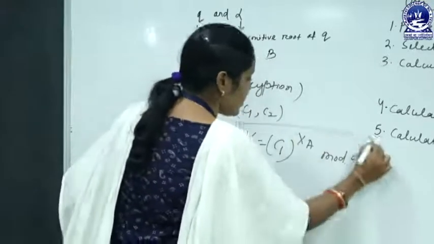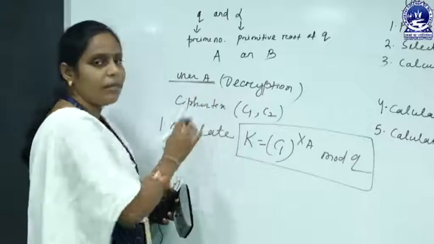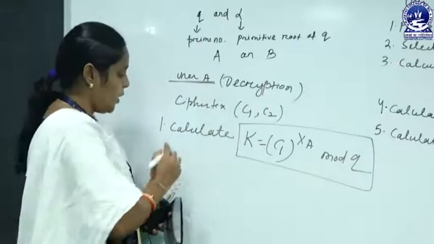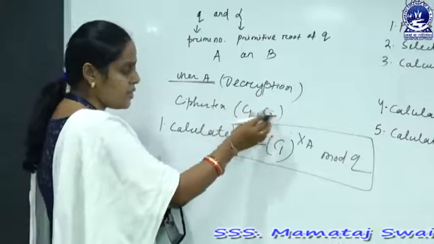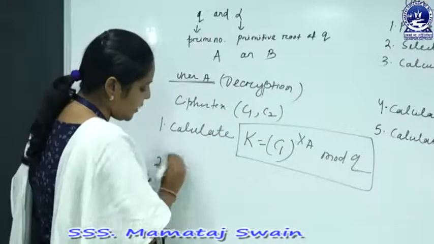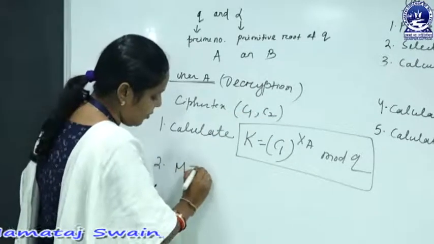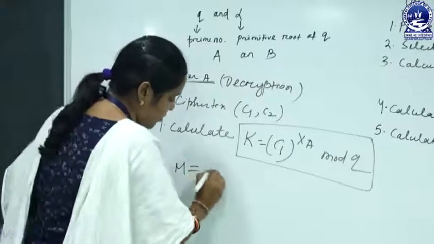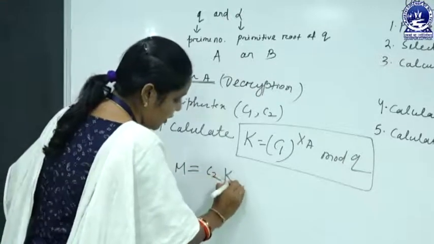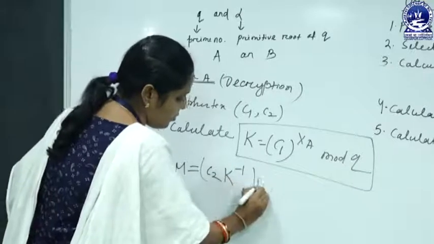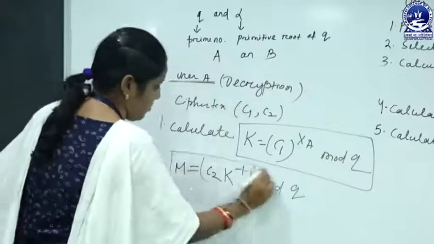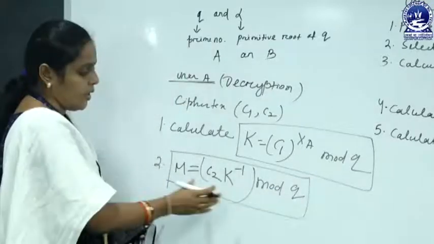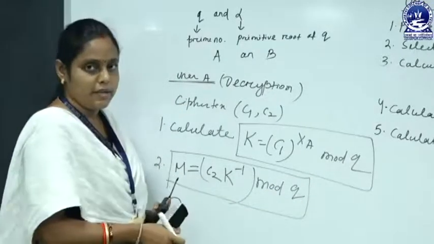This is the secret key calculated by user A. Then in the next step, it decrypts the message C2 and generates the plain text M, which is equal to C2 into K inverse mod q. This is our plain text.